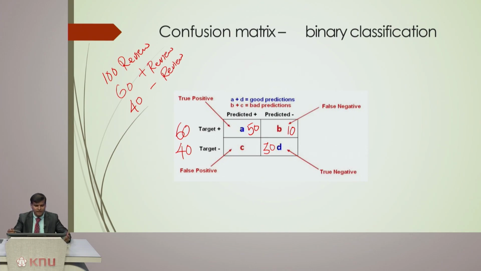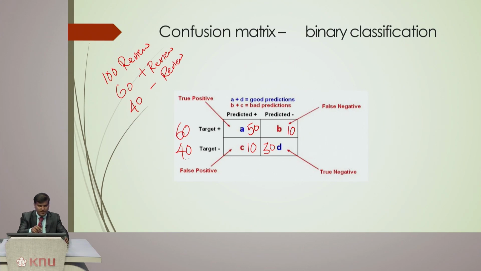It correctly predicts 30 as negative reviews, which means that it classified 10 as positive, which is false. So among the 60, 50 are classified as positive, which is true, but 10 are classified as negative, which is false, so we call that false negative.